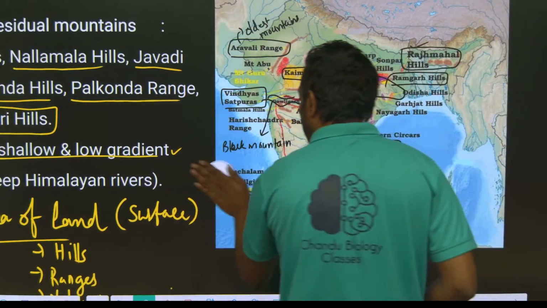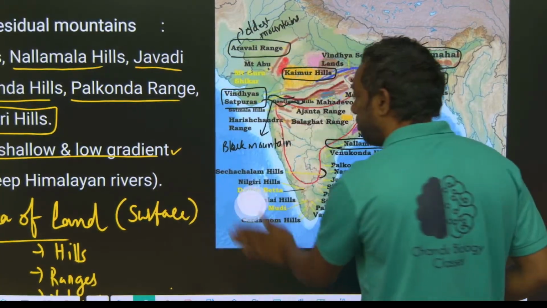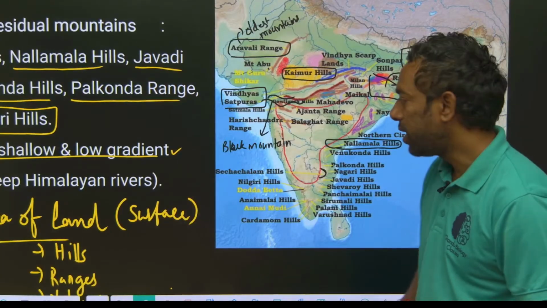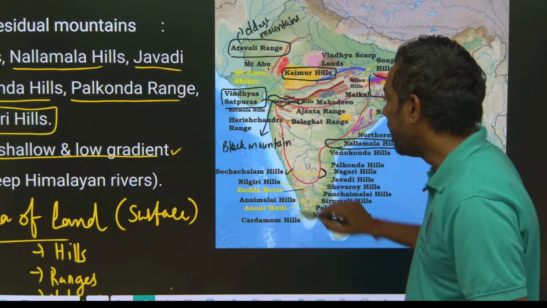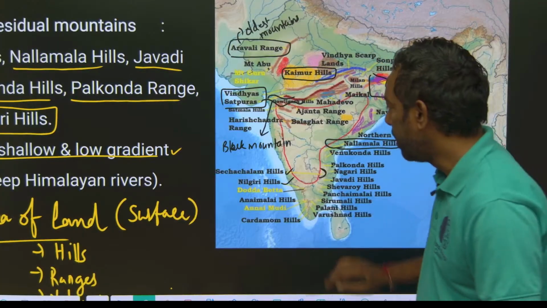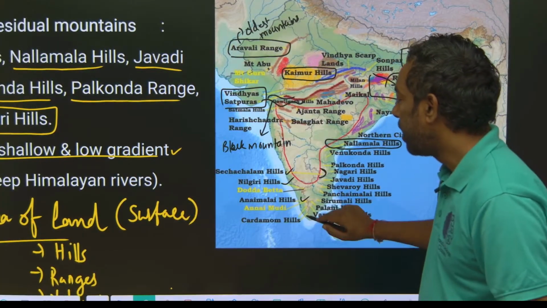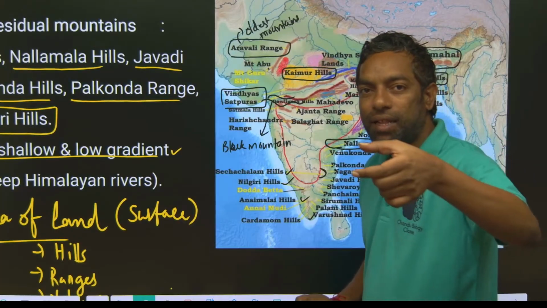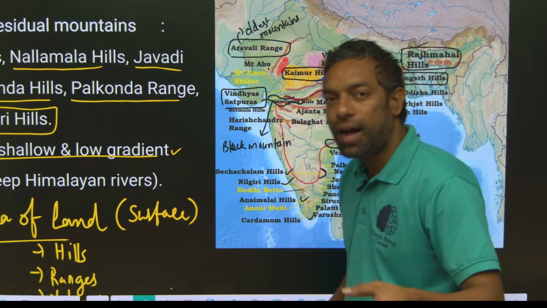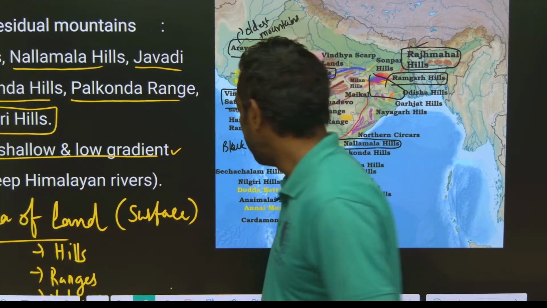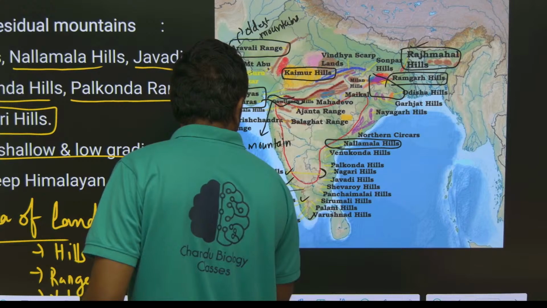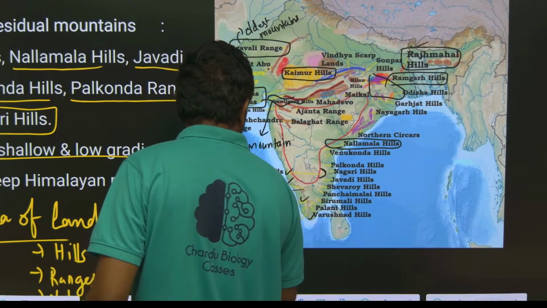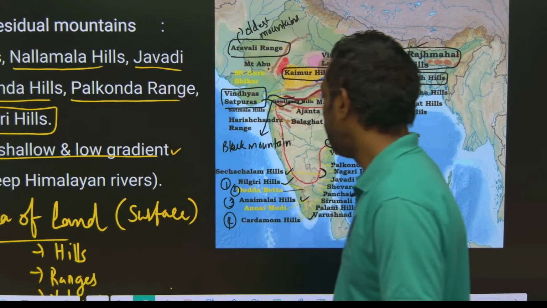Just remember here, guys, in the Western Ghats, Seshachalam Hills very north, after that Nilagiri Hills, after that Annamalai Hills, after that Cardamom Hills. These are from north to south, they can ask you in the exam, guys. One is Seshachalam, Nilagiri 2, Annamalai 3 and Cardamom Hills 4.